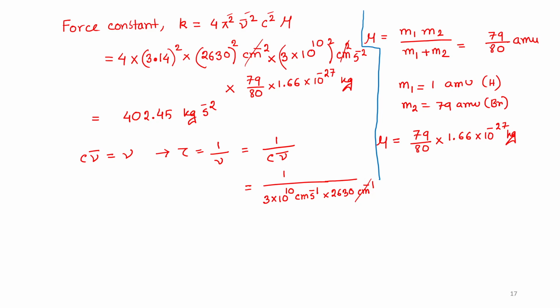So centimeter inverse, centimeter is gone. Second inverse is coming above as a unit because it is a unit of time. And 1 divided by that, we are getting somewhere around 1.267 into 10 to the power minus 14 seconds.